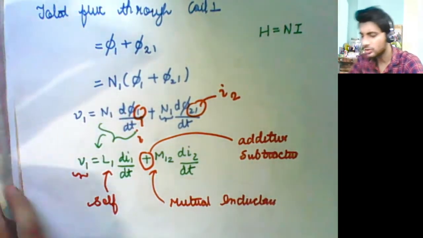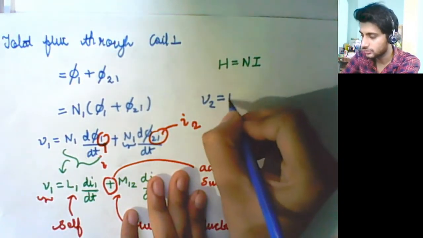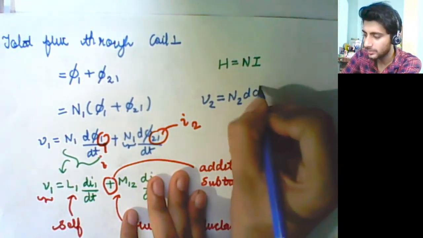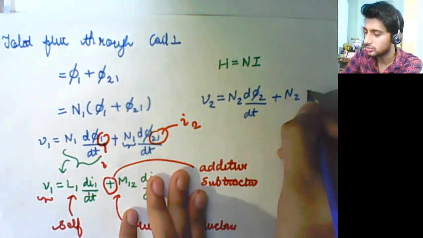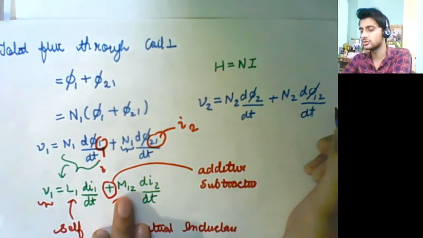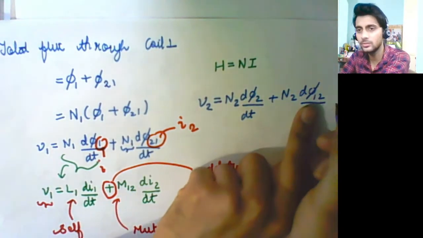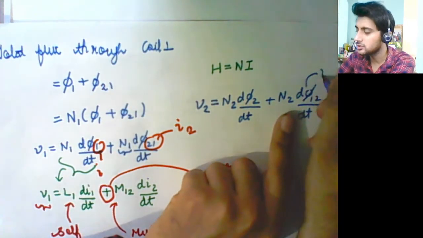On a similar note, you can write for V2 that V2 will be equal to N2 d phi2 by dt plus N2 d phi12 by dt. Here it was 21, here it is 12 because the source is 1. This phi12 is because of current I1.